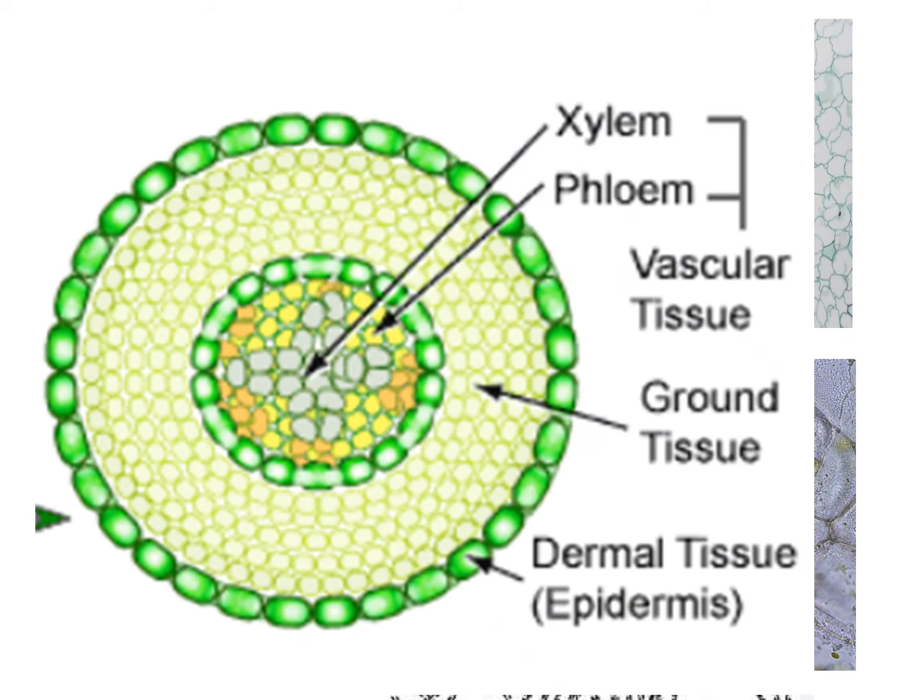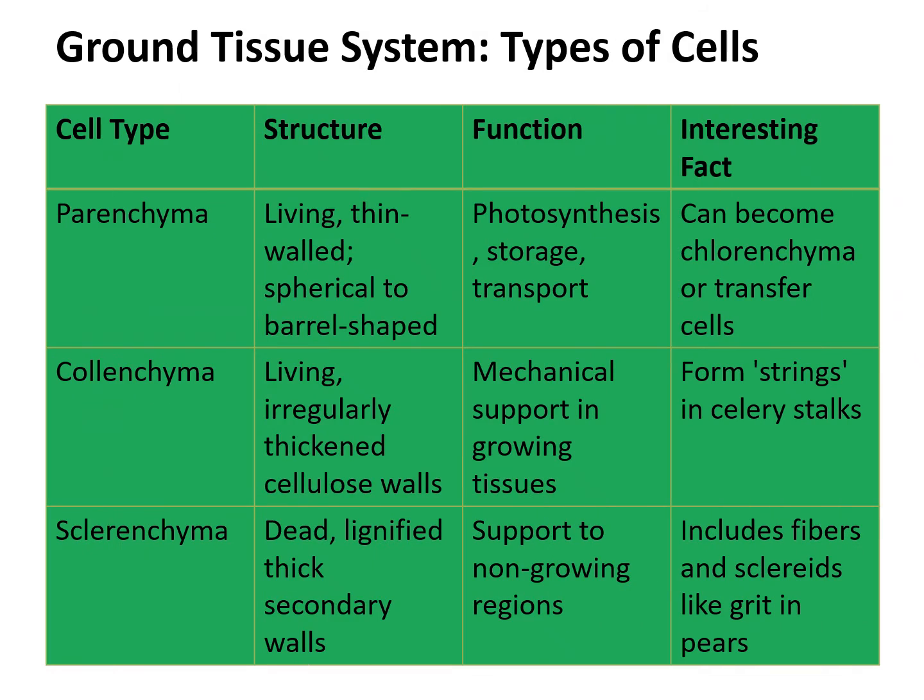So next comes the ground tissue after the dermal system. Now, in ground tissue, there are three important cells which you must be very familiar with: parenchyma, collenchyma and sclerenchyma. Now, parenchyma is a living type of cell.